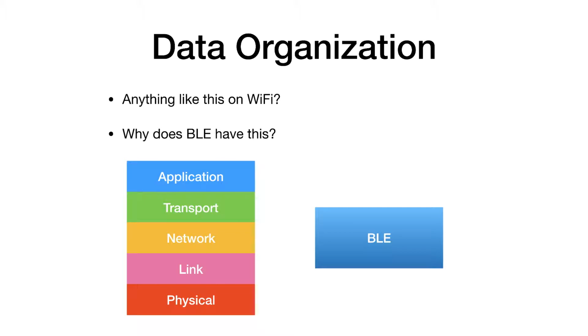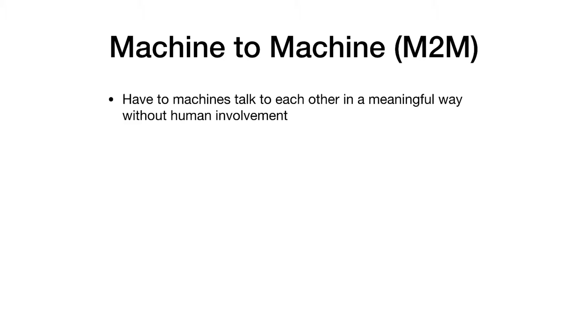And I want to take maybe a slight tangent into this and dive a little deeper into the way this data is structured and talk about, I think, a very important topic called machine to machine, or M2M. I don't know if any of you have heard that before, but it's this idea that we want to be able to have machines talk to each other in a meaningful way without humans involved.